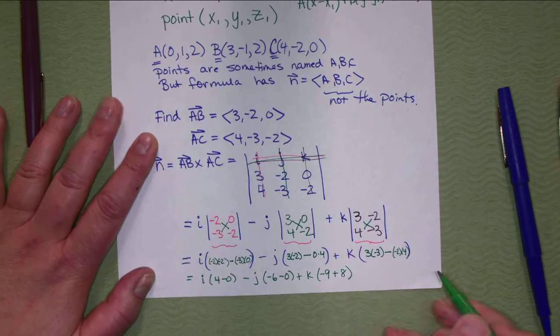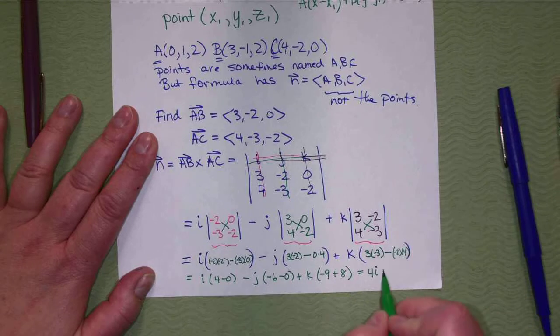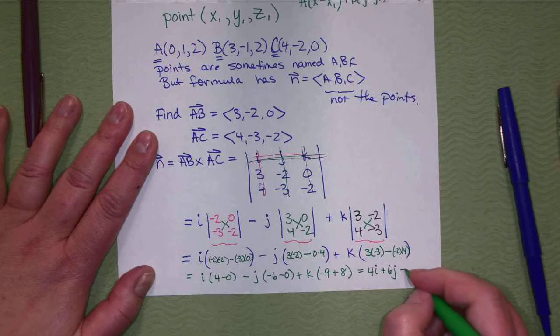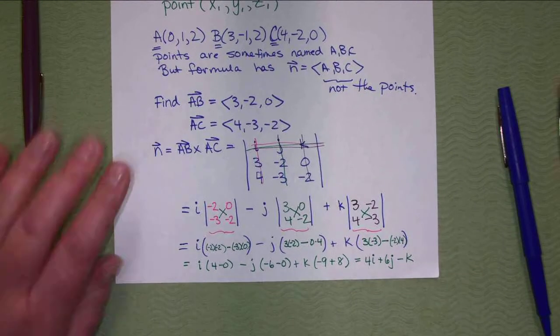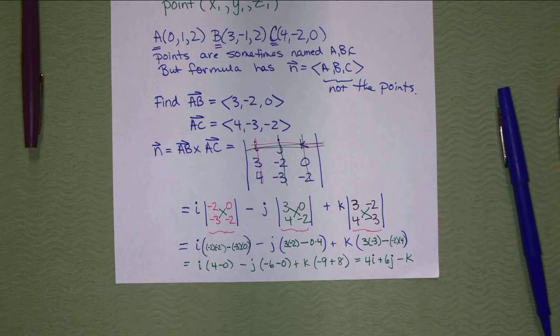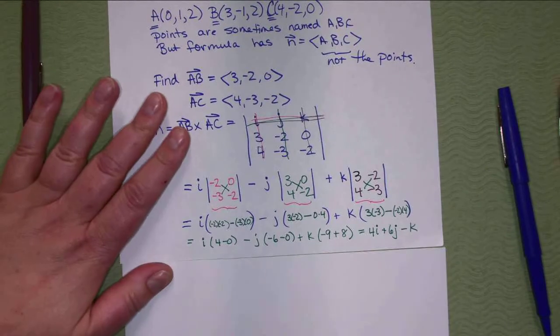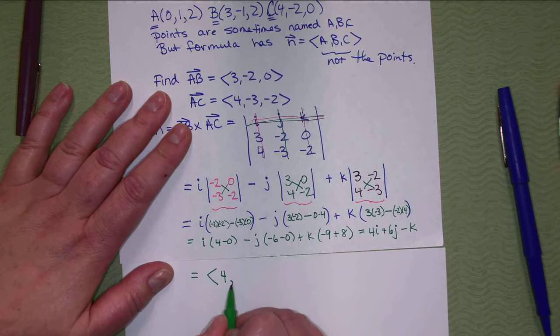So for I we have 4. J we have positive 6. And K we have negative 1. So our vector is 4, 6, negative 1.